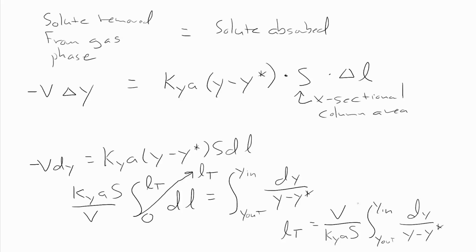Now you might recall that we've already come up with a name for this integral. This integral is the number of gas phase mass transfer units, which we symbolize with N sub OG.